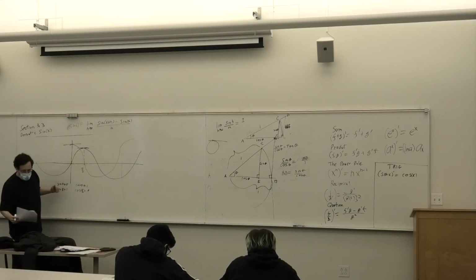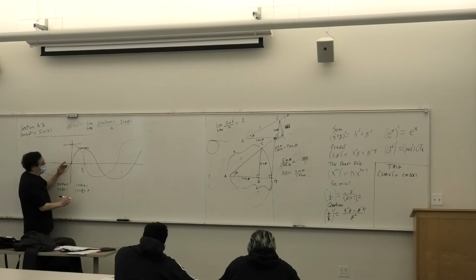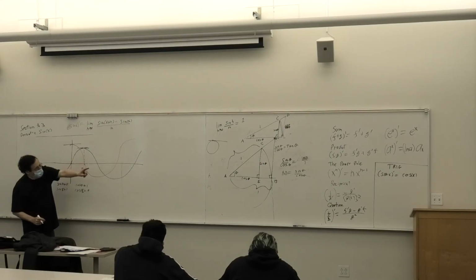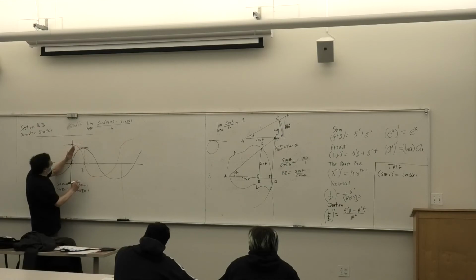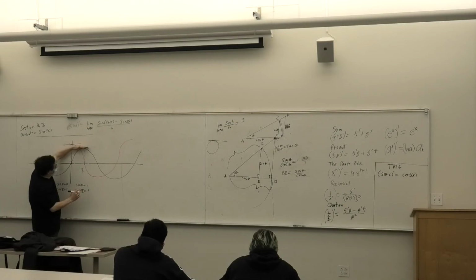What I want you to get a feel for is that I have this formula over here that says the derivative of the sine is the cosine. In fact, right at 0, its tangent is about 1, which is what the cosine is. As you move on up, the cosine gets less and less, and exactly where the sine peaks and you have a horizontal tangent, slope 0, that's exactly where the cosine hits 0.